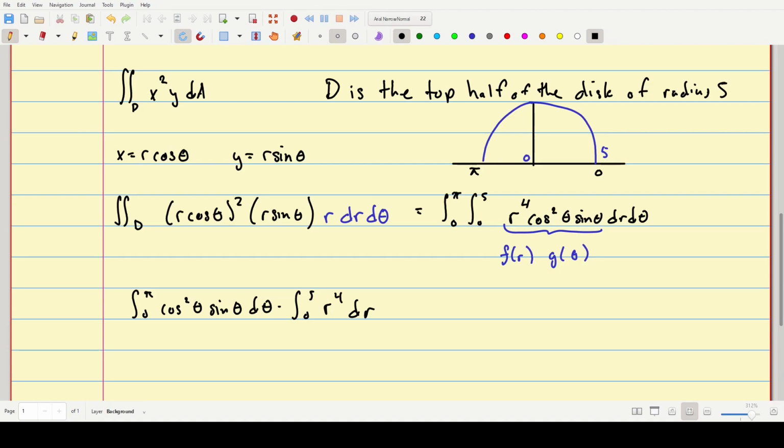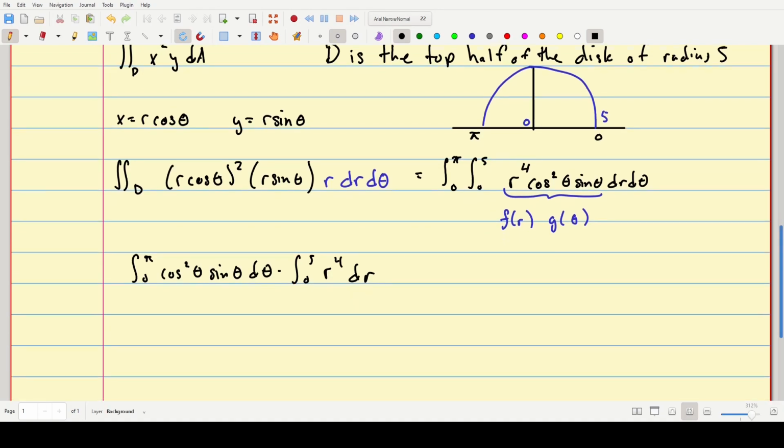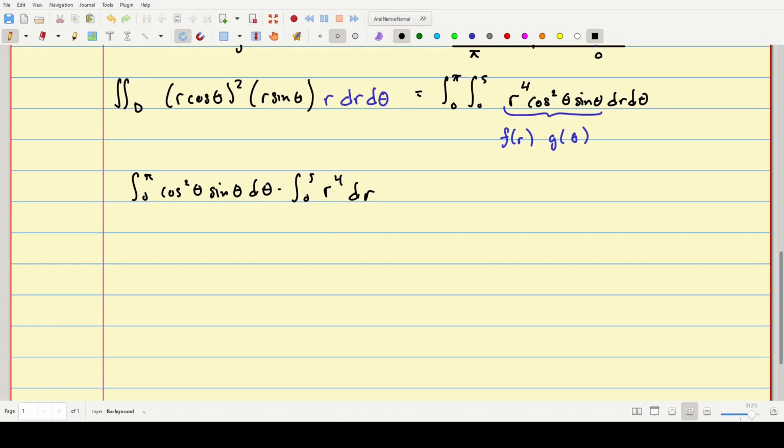But we'll write it like this. Separate it, multiplication. If it was a minus sign, it'd be much more pronounced than that. All right. So we'll do the magenta integral first because it's easier.